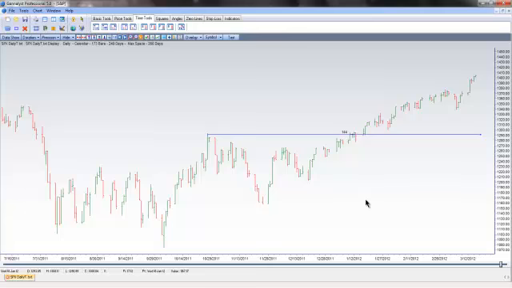With Gann analysis, 144 really has a very strong connotation. It's part of the square of 12. It's also a pentagonal number of 72 degrees, 144, 216, 288, and 360. Divide that, and what we end up with is basically a pentagram, the divisions of a circle of a pentagram.